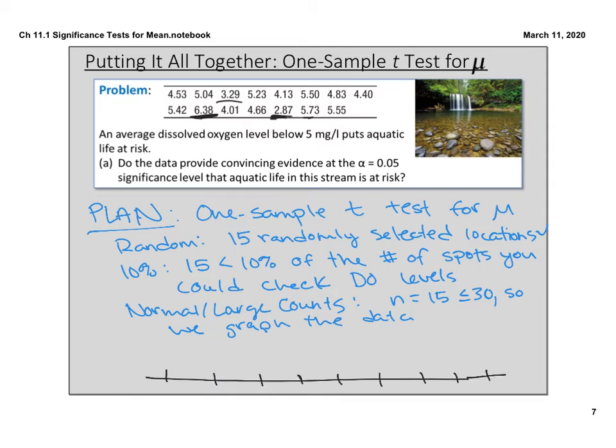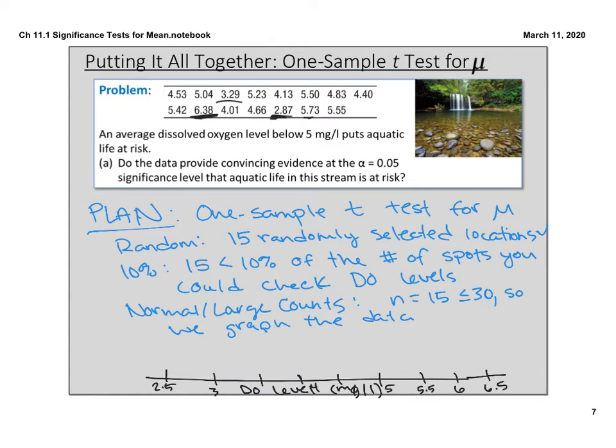That would be like 6.5. Okay. So this is DO level. I did not leave myself a whole lot of space, sorry. In milligrams per liter. And this is 2.5, this is 3, this is 4, that's 5, that's 6.